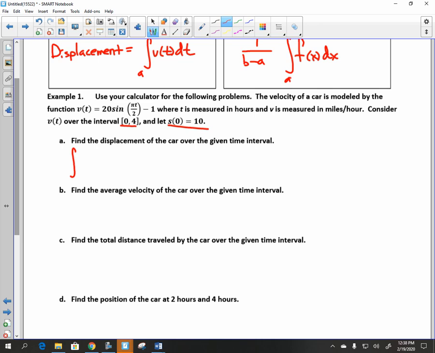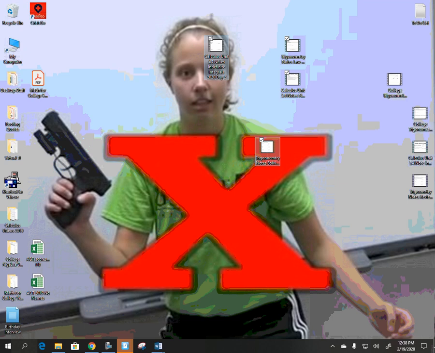If you simply wrote down the answer, even though you plugged it in correctly, they would not give you credit. So you should write this down. 0 to 4. You don't have to write the entire function. Just write v of t. We know what v of t is. We'll save you some writing space. dt. See, they're testing: do you understand that displacement is the integral? Let's go ahead and type that into our calculator. Make sure we're getting the right thing.